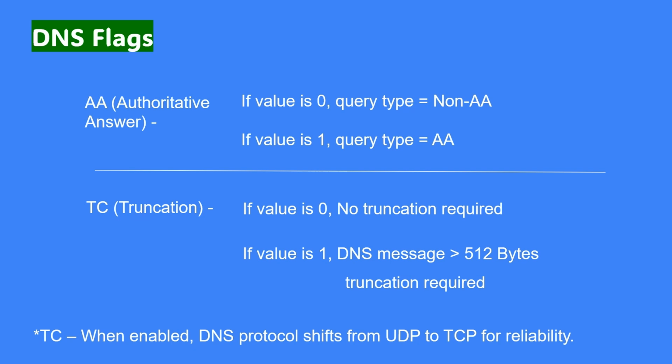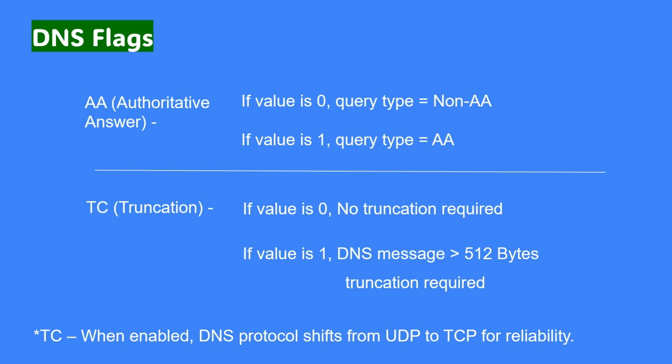Truncation is again a 1-bit flag which can be either 0 or 1, but this is a very important flag. The truncation flag is going to decide which protocol DNS is going to use, whether it is going to use UDP or TCP. If the value is 0, no truncation is required, and it is going to work with UDP.